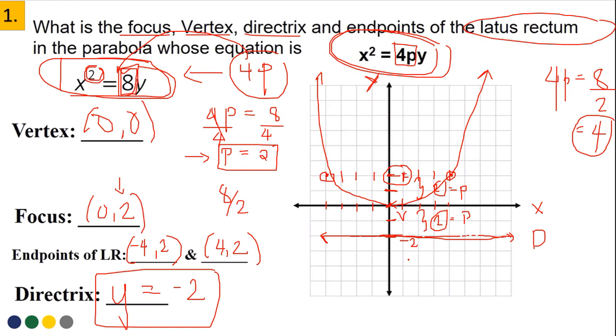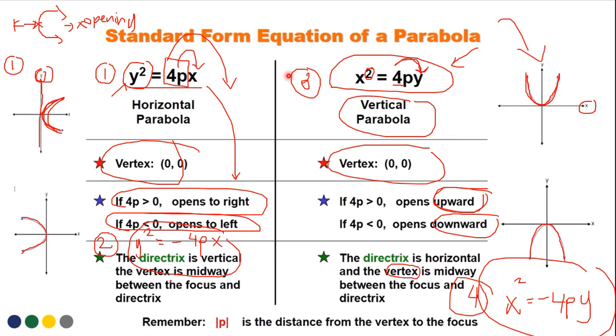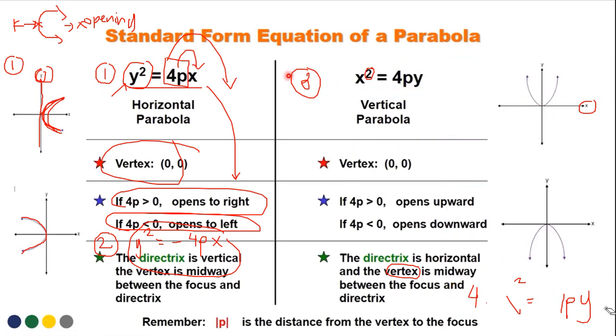So, medyo naguguluhan po ako. Paano po siya naging upward and downward? Paano siya naging upward? Balikan natin. Ito. Di ba? The equation number 1 is x squared equal to 8y, di ba?